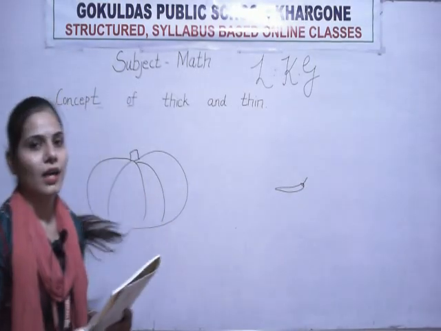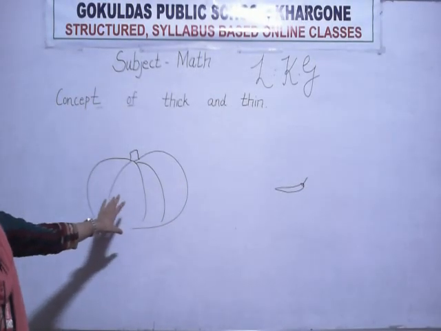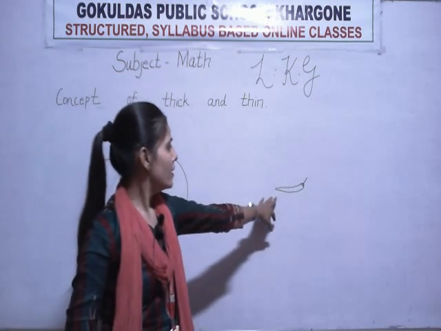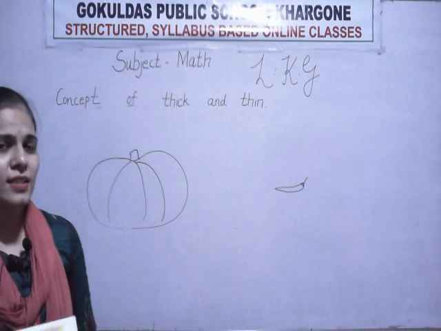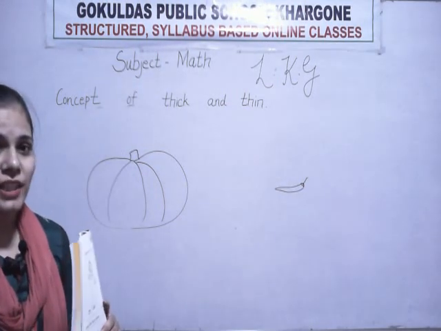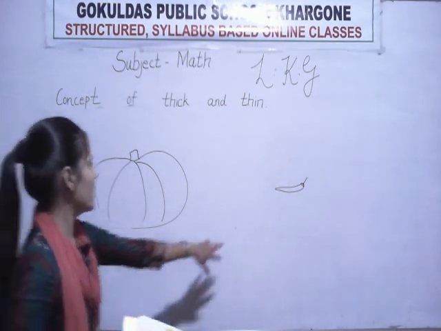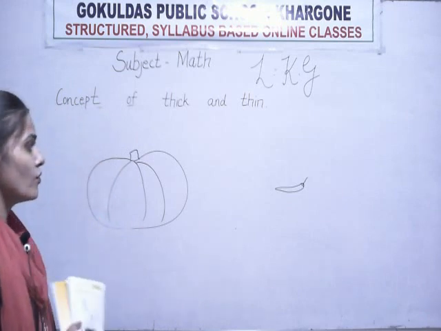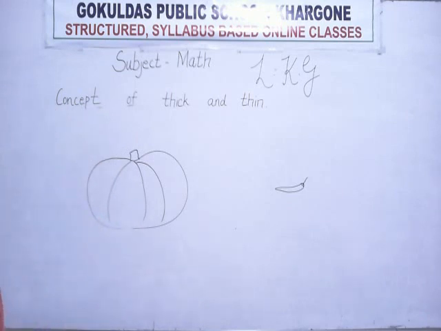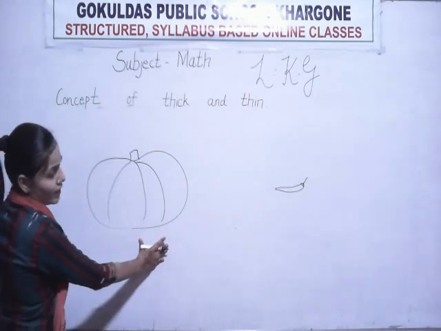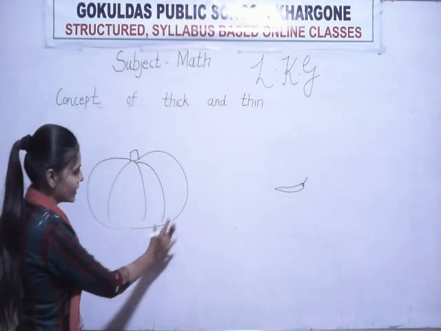Okay. Now here this is a pumpkin and this one is a chili. You know which one is chili? Red chili, green chili. So this one is chili. So which one is thick and which one is thin? Tell me fast. This one is a thick object? Yes.